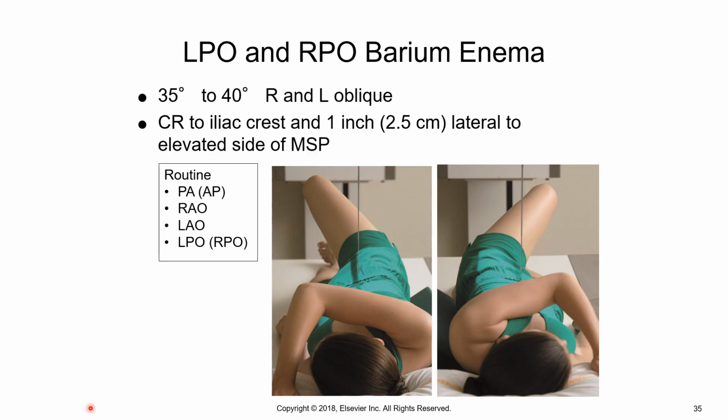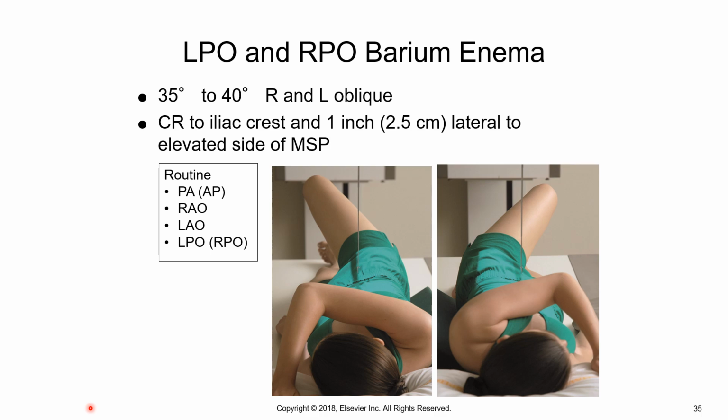After our AP, we are going to do PO obliques. So the book does show AOs, but that is not our protocol. So these are found on page 530 of your book. Still 14 by 17, either portrait if your patient fits, or you would be forced to do 2 landscape if your patient did not fit.